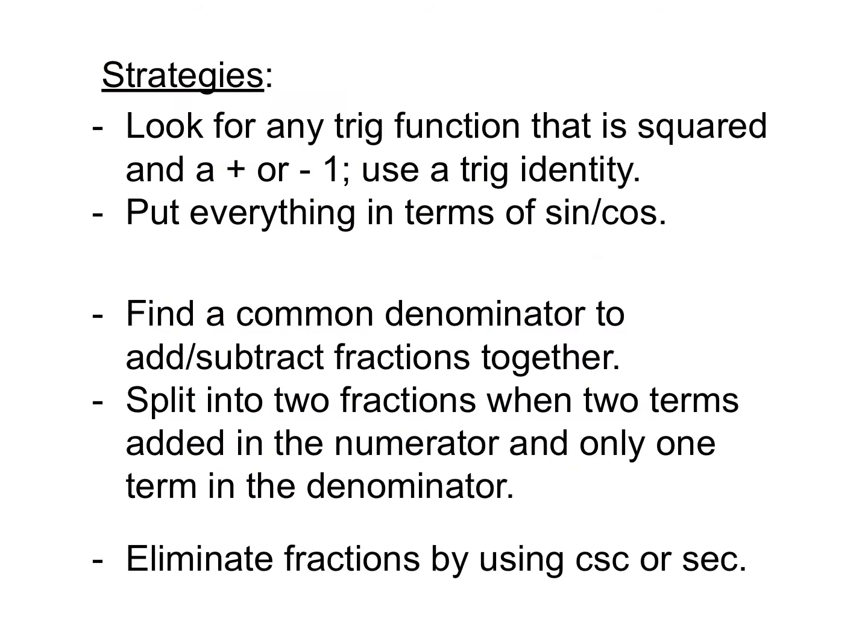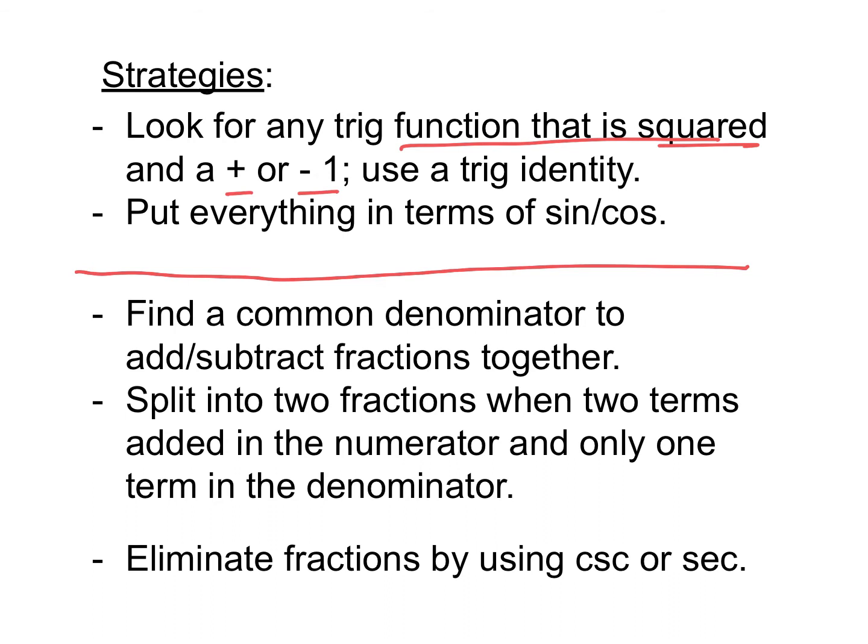And what we're going to do now is we're going to start simplifying trig identities. And these are some of the strategies we're going to use. And I sort of grouped these because the top two are the two that you use the most often and the two that we're going to work with today. And it says look for any trig function that is squared and a plus or minus 1.